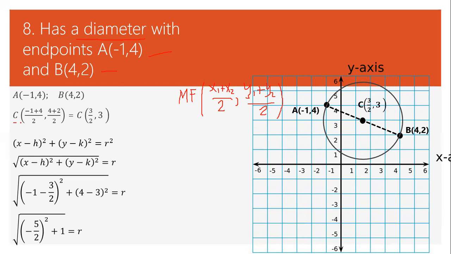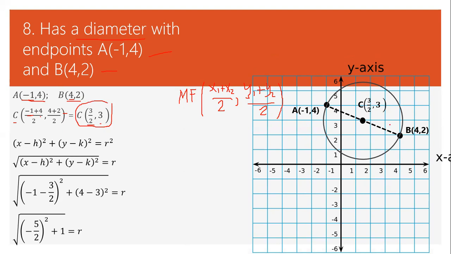So our points are -1, 4, and 4, 2. So add the x, -1 plus 4, divided by 2. That's 3/2. So that's our abscissa of the center. And then add the y, 4 plus 2, and then divide by 2, that's 3. So our center is at 3/2 and 3.